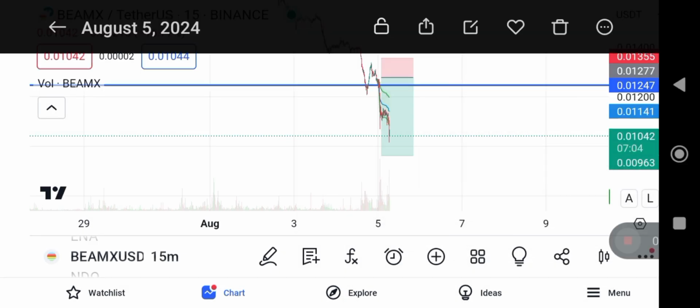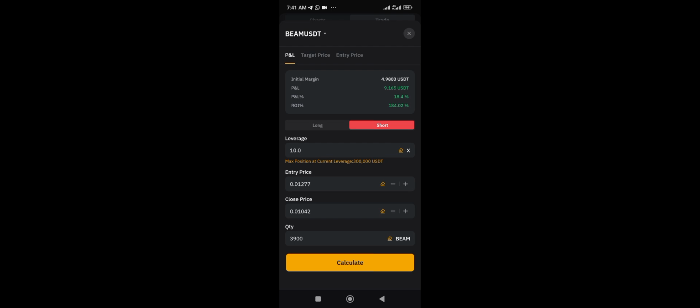Okay, let's go and do our calculation and see how much we have made so far. You can see on my screen here, my entry was 0.01277, my close price was 0.01042, and the quantity of BEAM was 3,900 BEAM, which is equivalent to $50.